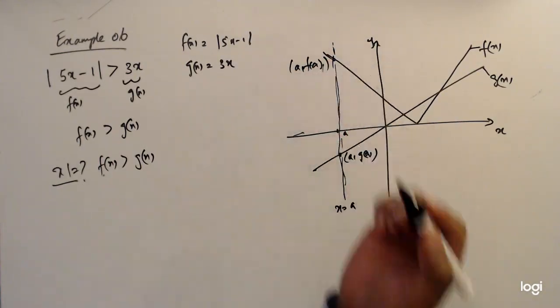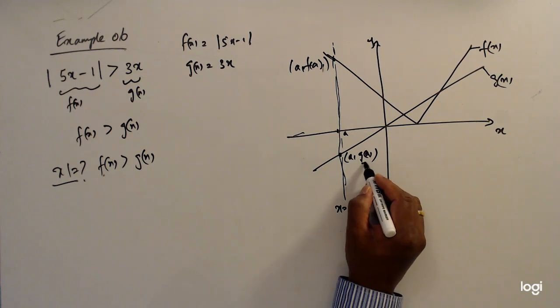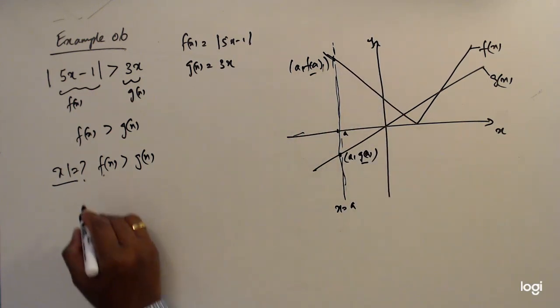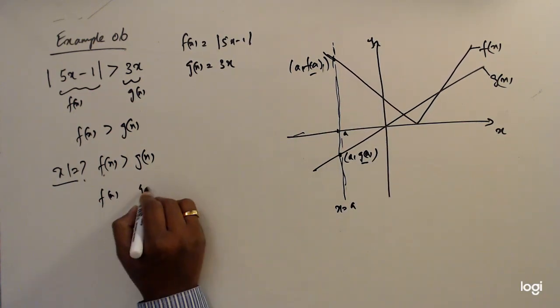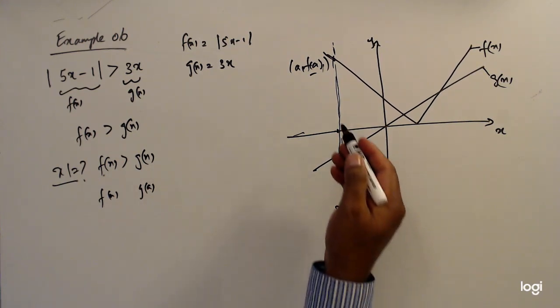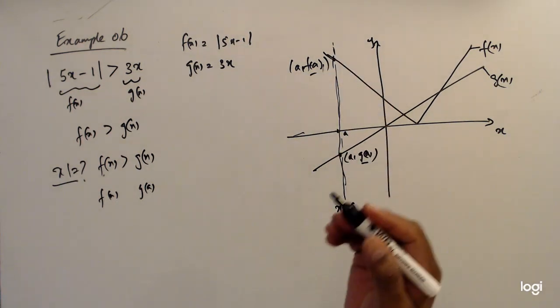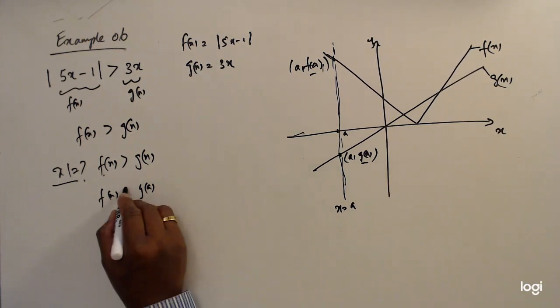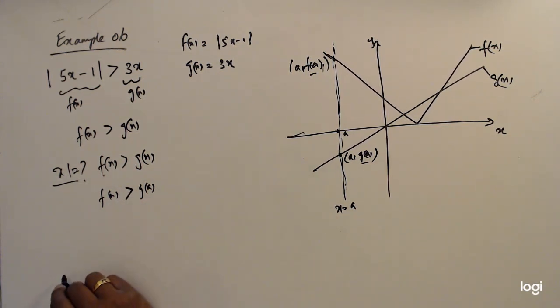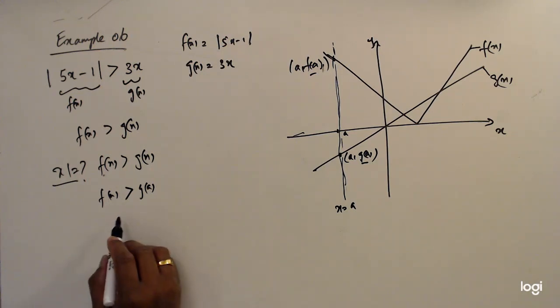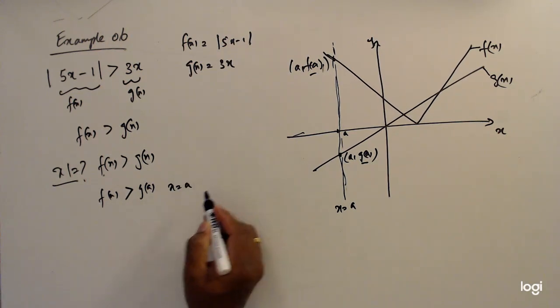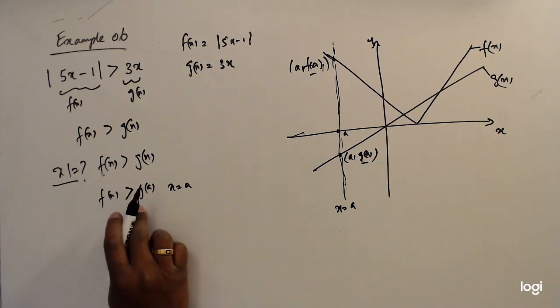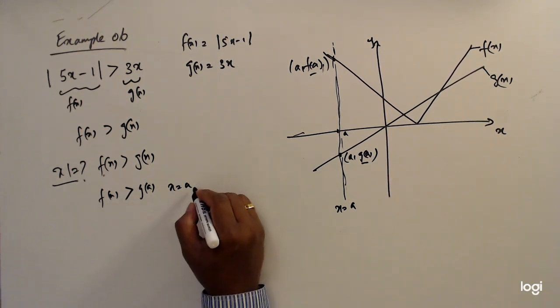Can you see that the value of fa is bigger than ga? So fa greater than ga. Hence that x equal a value satisfies this inequality. Hence x equal a is fine.